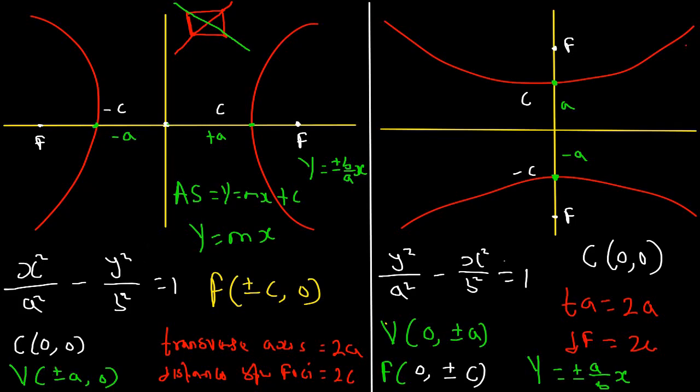Example number 1. Given that the equation of a hyperbola is x squared over 25 minus y squared over 144 equals 1. Find the coordinates of the vertices, the eccentricity, the coordinates of the foci, the length of the latus rectum, and the equation of the asymptotes.